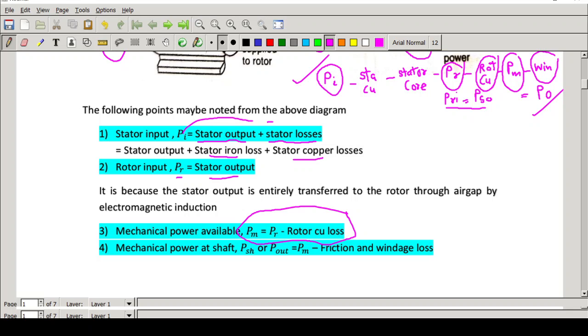The same thing happens in a three-phase induction motor, but here there is also a conversion process, electrical power converted into mechanical power. Now, what about the power at the shaft? The power at the shaft PSH is given by PM minus friction and windage loss. I hope it is clear up to this point.